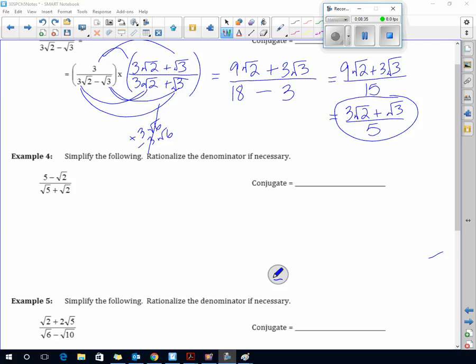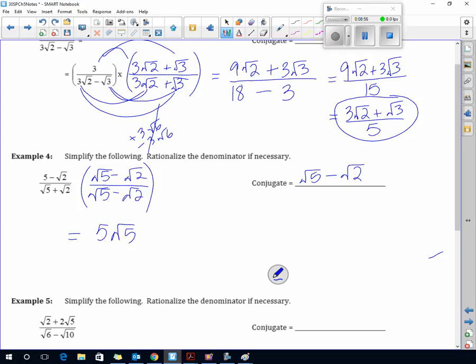So it's going to be root 5 minus root 2, root 5 minus root 2 equals 5 root 5 for the first. Outer. So it's going to be minus 5 root 2. Inner gives me minus root 10. And last gives me plus 2.